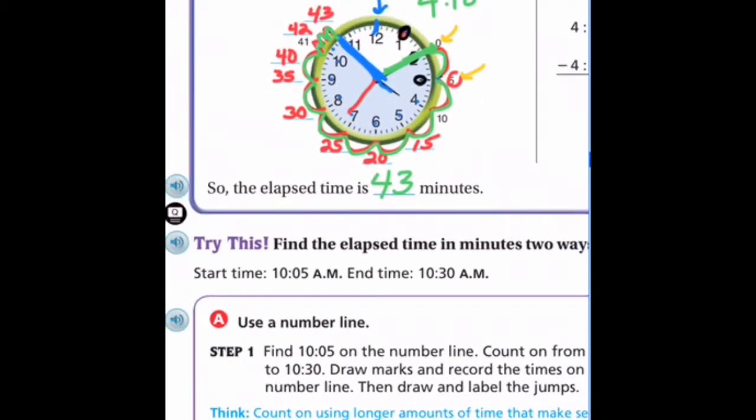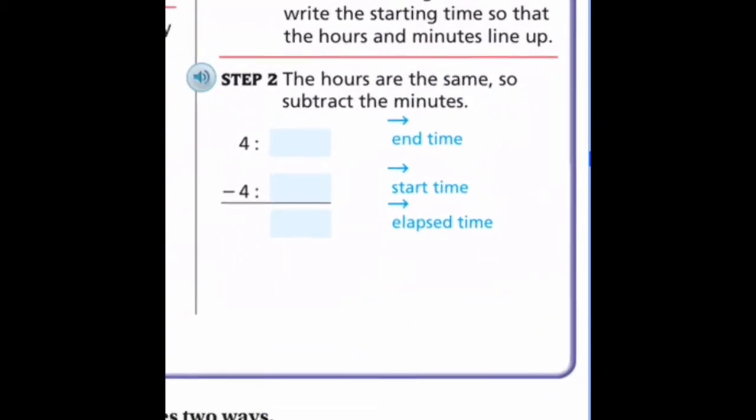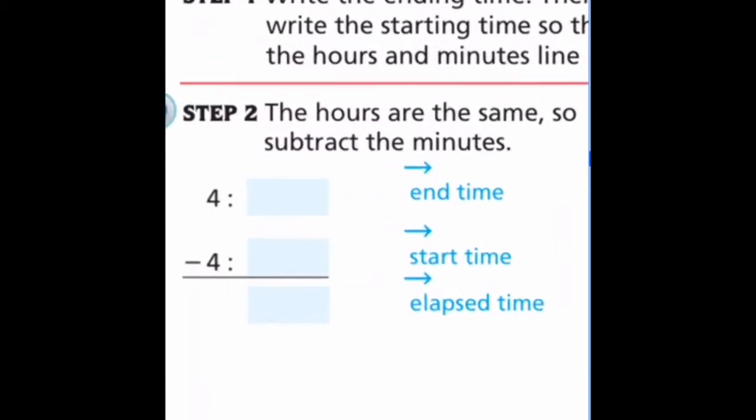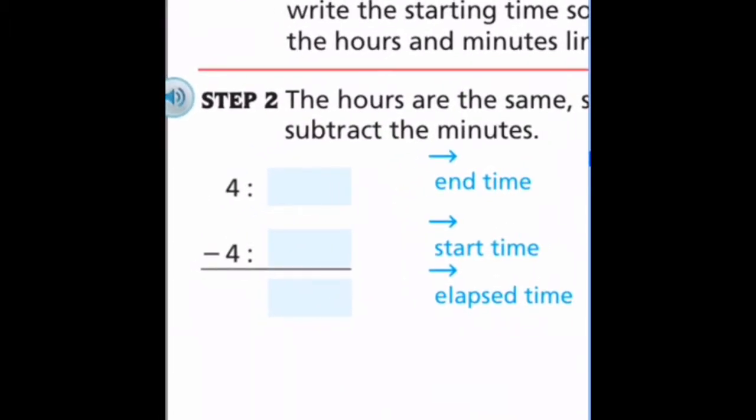Now earlier at the beginning of this video I said we cannot add and subtract using time. There is an exception. The exception is we can subtract in time when the starting hour and the ending hour are the same hour for something, okay?